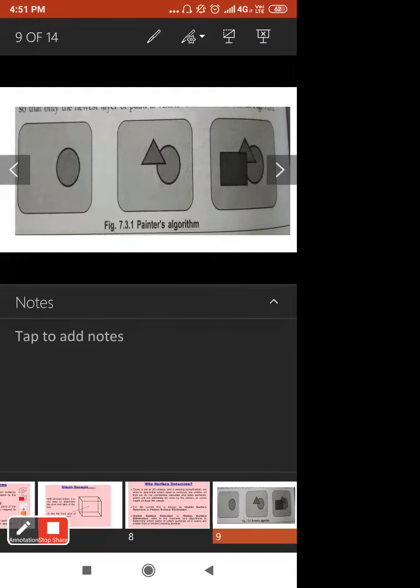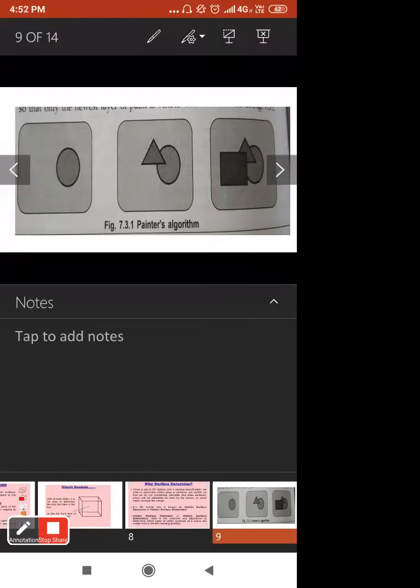This is to paint the polygons into the frame buffer in order of decreasing distance from the viewpoint. In the same manner that we sort some images in ascending or descending order, we sort these objects in decreasing distance from the viewpoint.